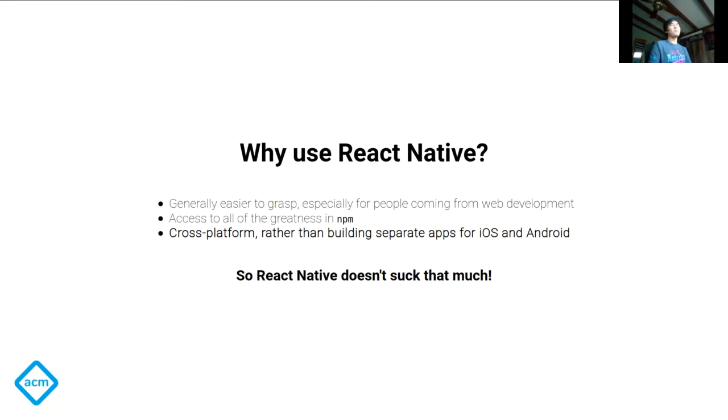So why use React Native? React Native is essentially a development system that you can use to develop mobile applications using React components and JavaScript. Generally, it's easier to grasp, especially for people coming from web development, compared to native Android or iOS.